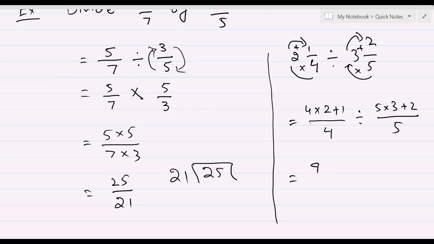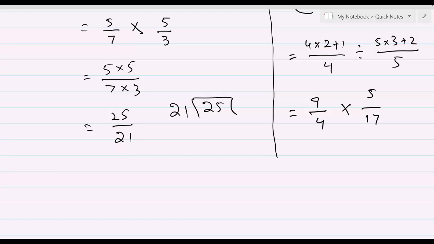So let's simplify this. This would be 9 over 4, and when the division sign is changed into a multiplication sign, this 17 over 5 will become 5 over 17. And now it has simply become a case of multiplication of fractions: 9 times 5 over 4 times 17.